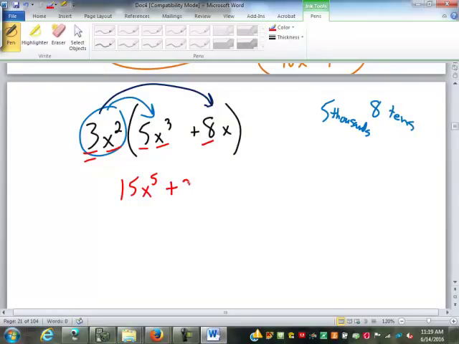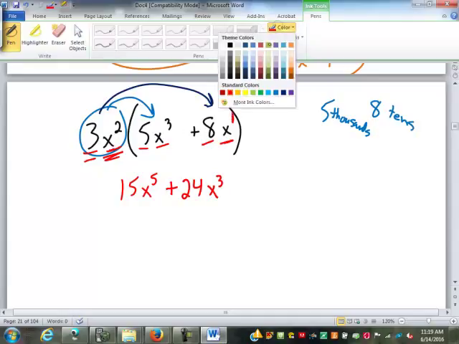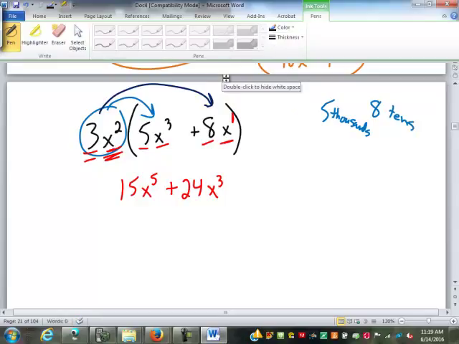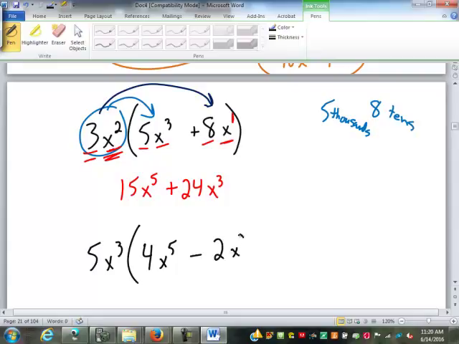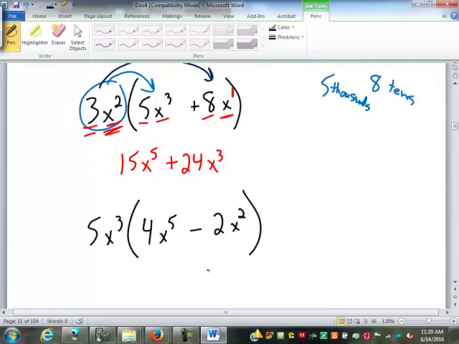Positive, so I'm going to put plus 24. X squared times x, x to the third, because this is x squared and x to the 1. 2 plus 1 is 3. That's not so bad, is it? Try that one in your notes.